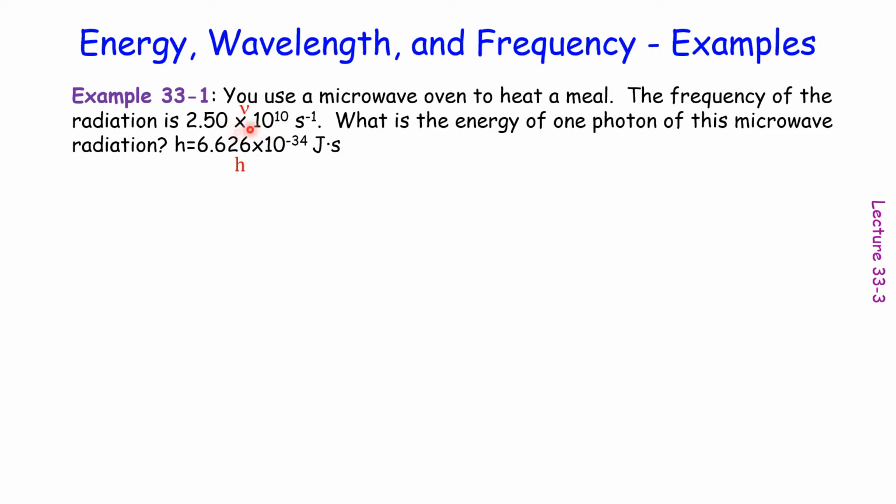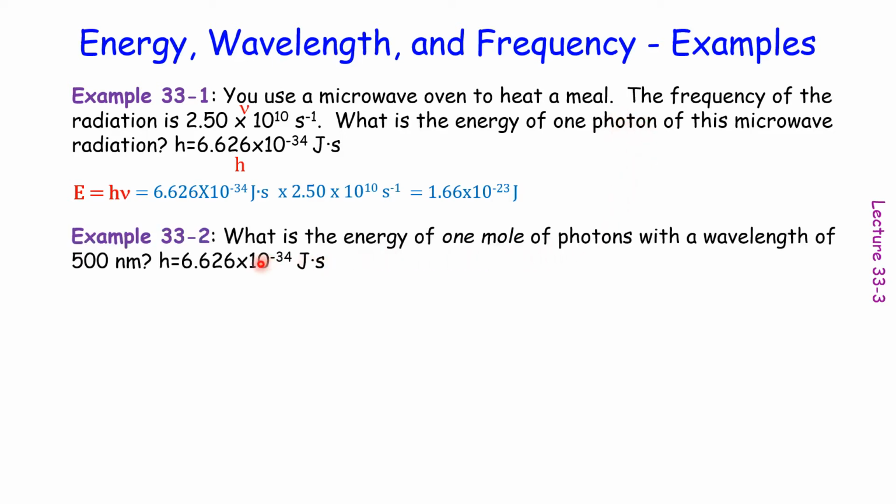We already know the frequency, and we already know the Planck constant. So we can easily calculate E, the energy. Just plug in those numbers and make sure you use the correct units. Bingo, it's done. This is the answer for the energy carried by one photon.